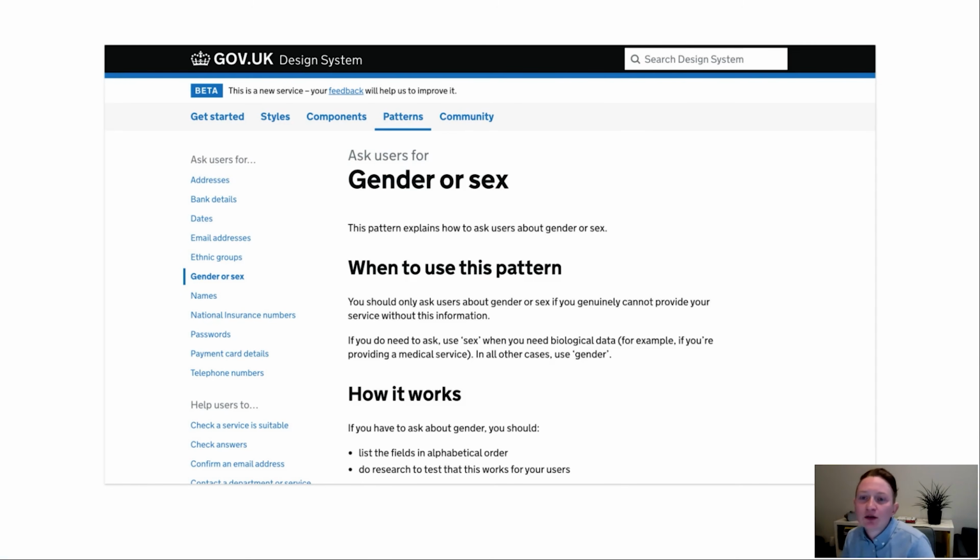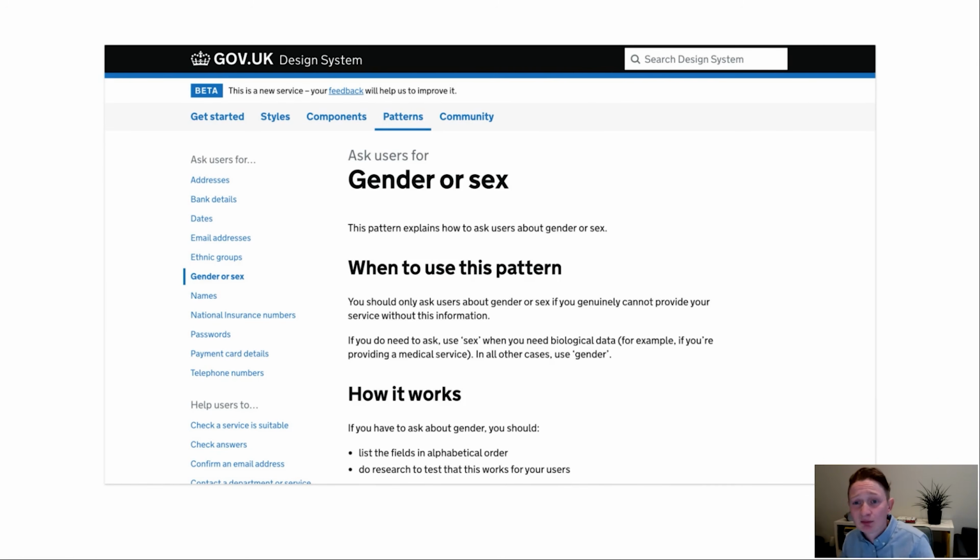And if you want to look at some examples, some of my favorites are, for example, the design patterns from the UK government website. I mean, the website itself, I think it's quite a nice website, especially for this kind of administrative, bureaucracy related content.